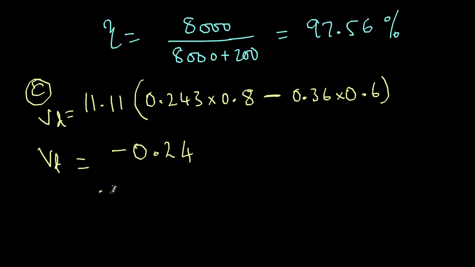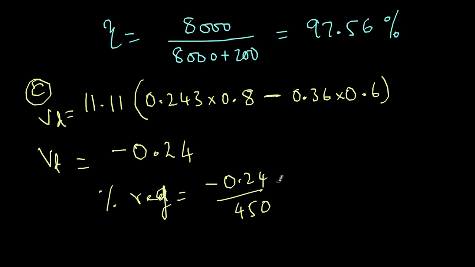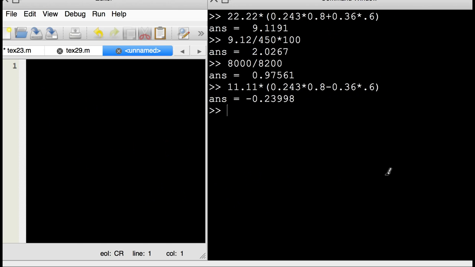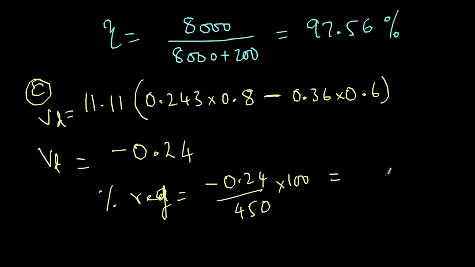So now percentage regulation will be minus 0.24 divided by 450, into 100 for getting it in percentage. So I'm getting minus 0.053% as the regulation. Okay, regulation is done.